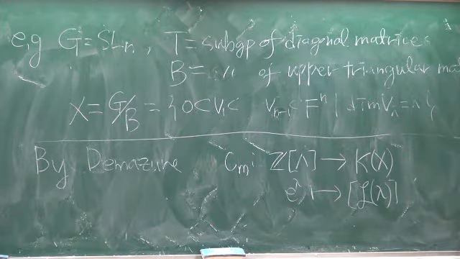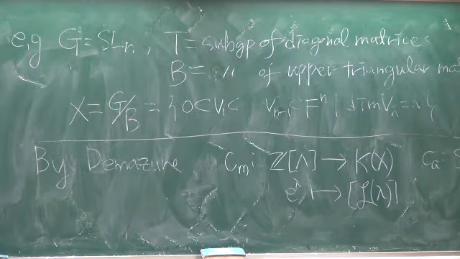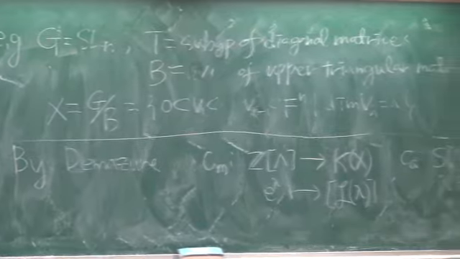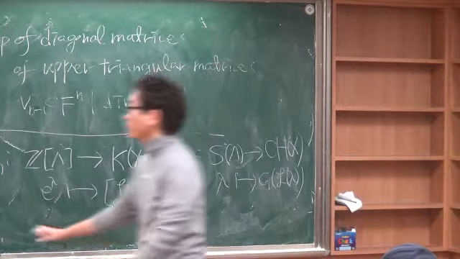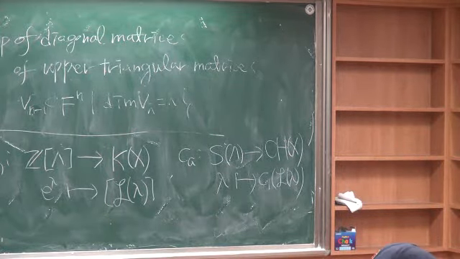Another characteristic map is denoted by c_A, from the symmetric algebra to the Chow group, which sends any element to the Chern class of the associated line bundle L lambda. Write M and A for the multiplicative and the additive? Yes, right.